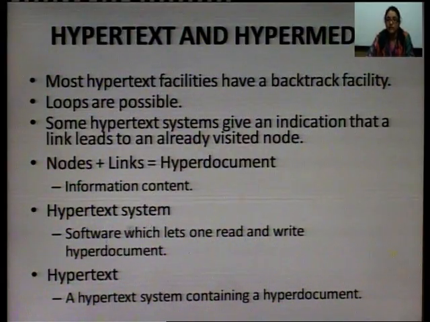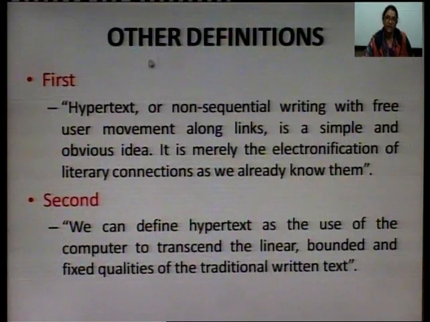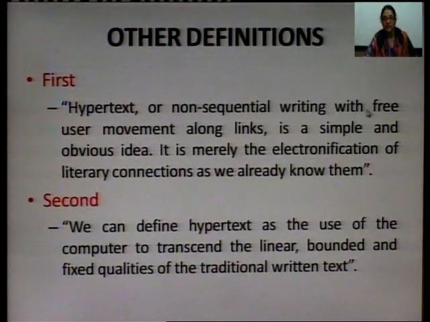A hypertext system is software which lets one read and write the hyper document, and a hypertext system may contain hyper documents. Other definitions of hypertext are: hypertext, or non-sequential writing with free user movement along the links, is a simple and obvious idea.